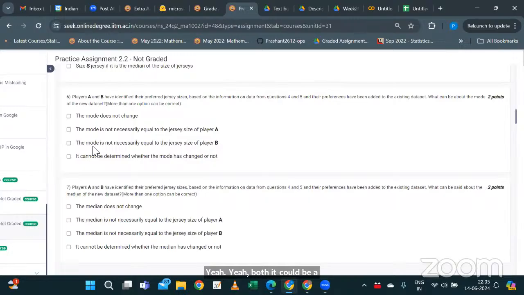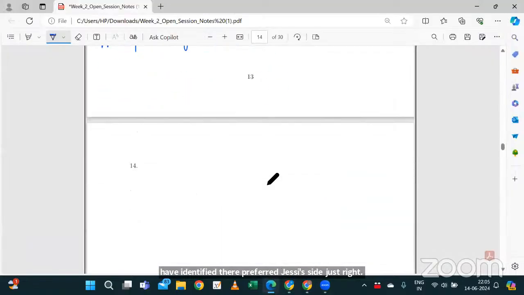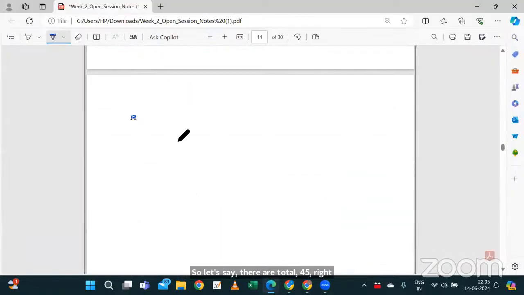In this case, the question says players A and B have identified their preferred jersey sizes. So let's say there are 45 players in total, but we have 4 options in combination: M and S could be there, S and M could be there, M and M could be there, S and S could be there.